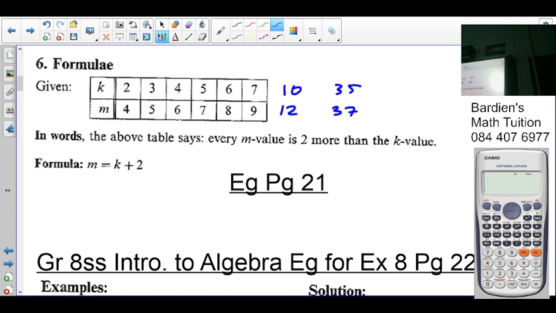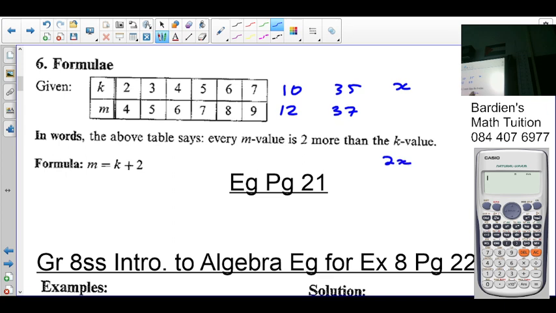You all understand? Who doesn't understand? Okay. What do you notice? You are plusing 2. So if K was X, what would M have been? 2X.